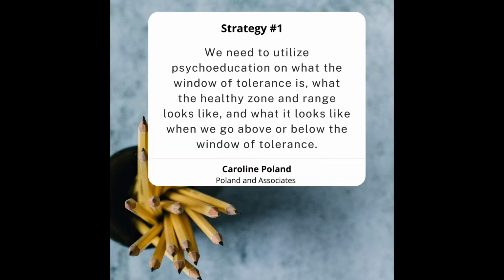So my first strategy for utilizing the window of tolerance in the educational setting is that we just need to do good education on what the window of tolerance is, what that healthy zone and range looks like, and what it looks like when we go above or below that window of tolerance. And again, we'll have to talk about this regularly and in age-appropriate ways.